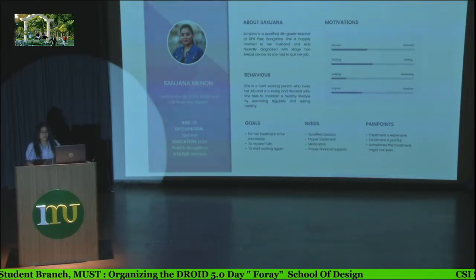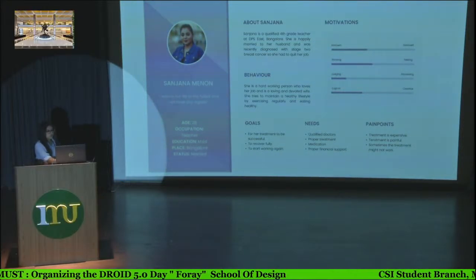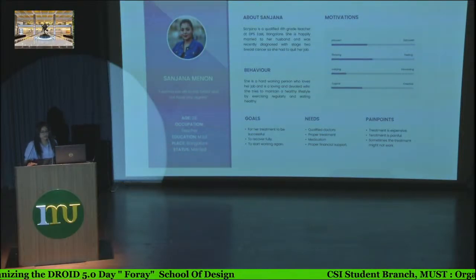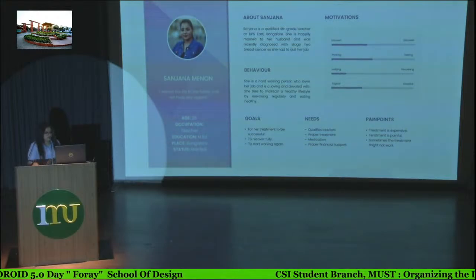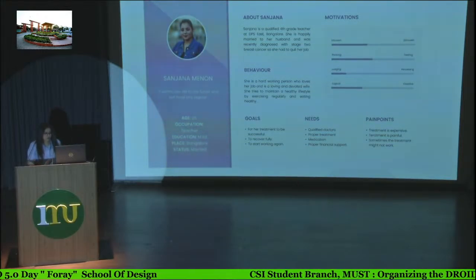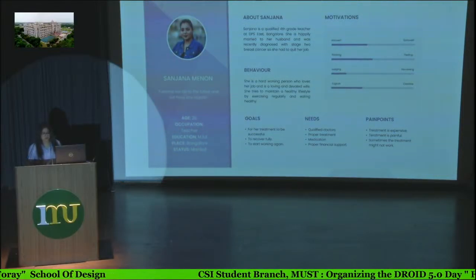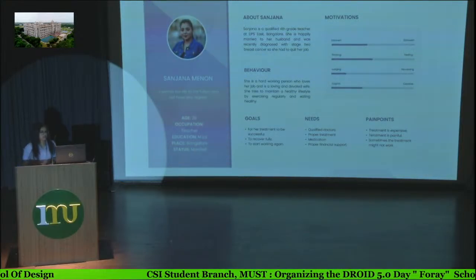It helps us understand what they need, what their goals are, what their pain points are, etc. So here are some of the needs in this scenario. She needs qualified doctors, proper treatment, medication, etc. Some of her pain points were that the treatment is expensive and it might not even work at times.